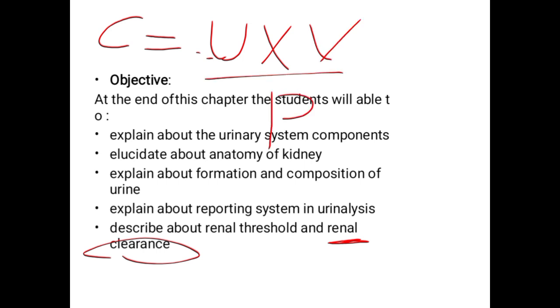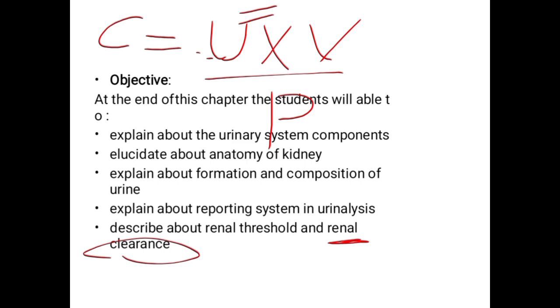C means clearance. U is the concentration of the substance in urine. V is the urine flow rate per minute, and P is the concentration in plasma. Don't forget, C is clearance.